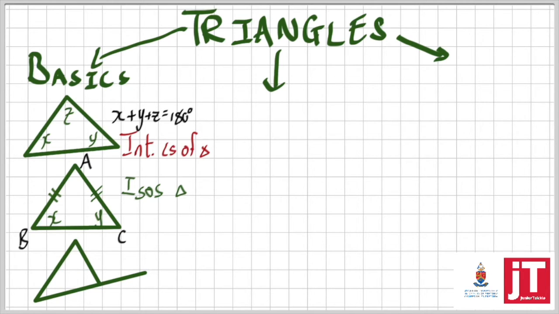There's still a bit more coming, because isosceles triangles are super important for grade 9, but especially for grades 10, 11, and 12. When we look at our last grade 8 theorem, it said that x plus y must be equal to z, and that is because it's an exterior angle of a triangle.